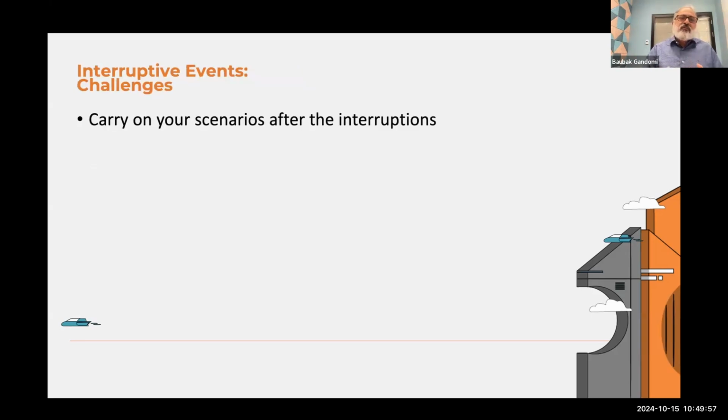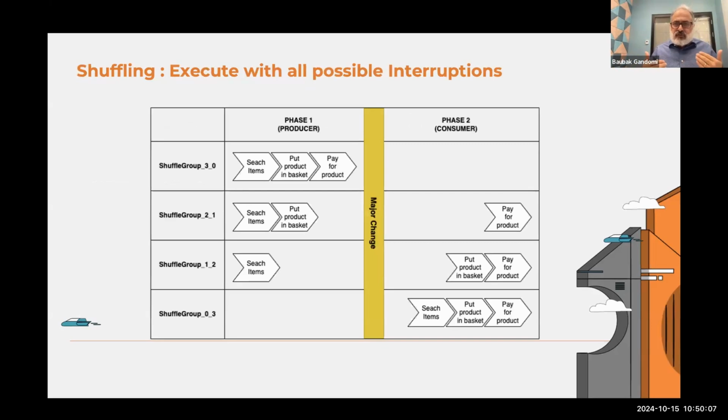One of the challenges, as I said previously, is how to continue after the interruption. This was technically what we had to solve, and shuffling was something that we had to use. We took the same scenario and executed the first three steps, then the first two steps, and then the first step.